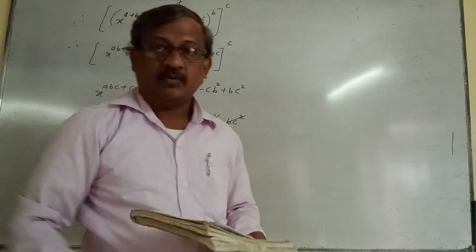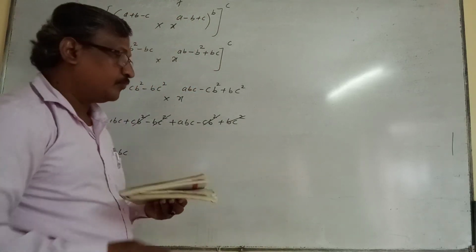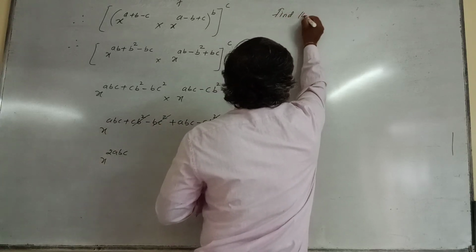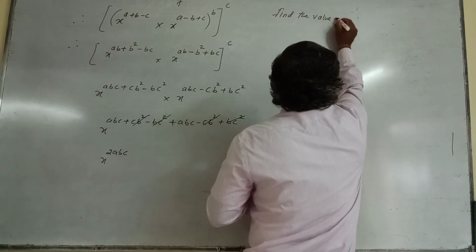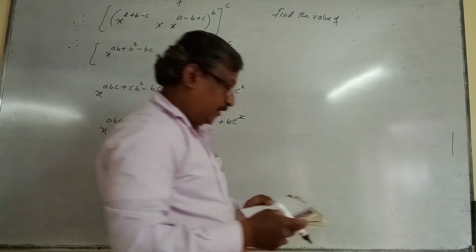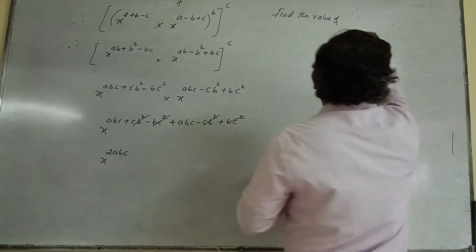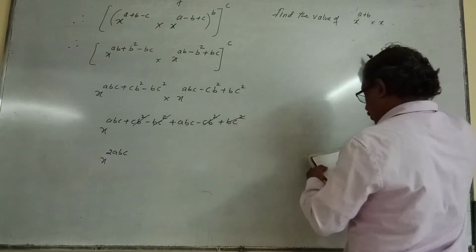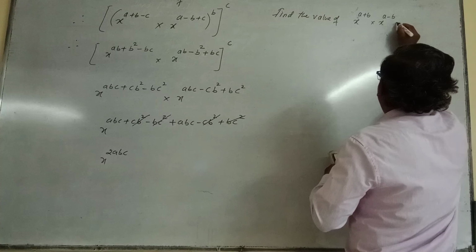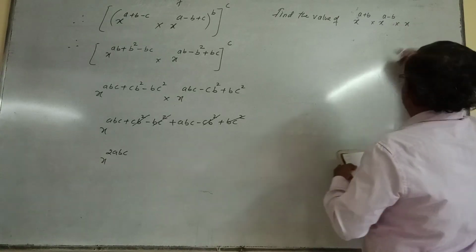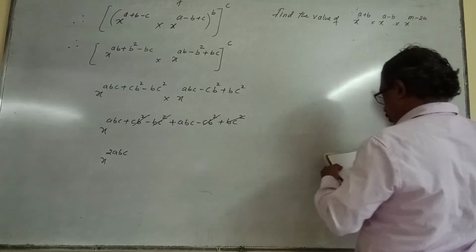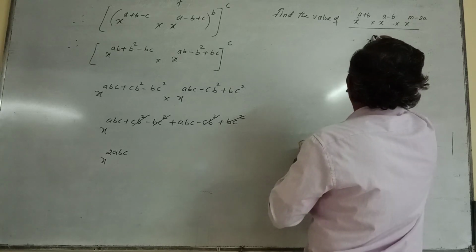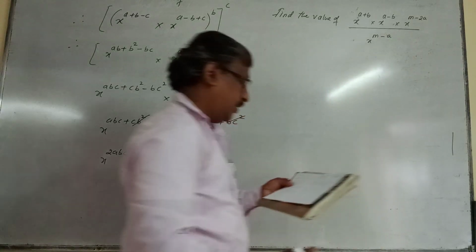I will take the next sum on this. Find the value of x raised to a plus b into x raised to a minus b into x raised to m minus 2a, divided by x raised to m minus a.